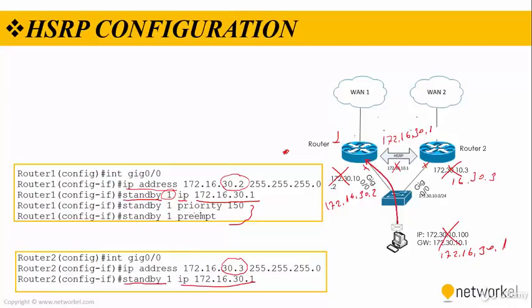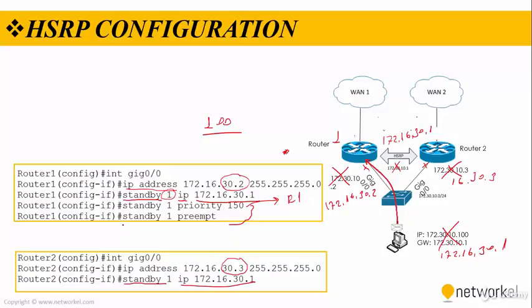Standby 1 priority 150. This line shows me that router 1 is the active router for this HSRP topology. Because the default value of the priority is 100, if I choose 150, this guy will be the active one.